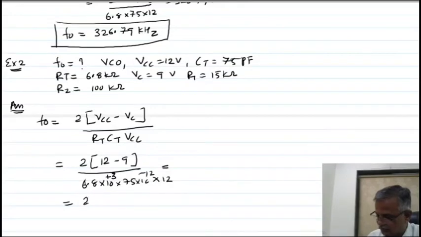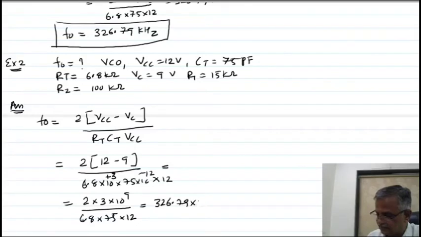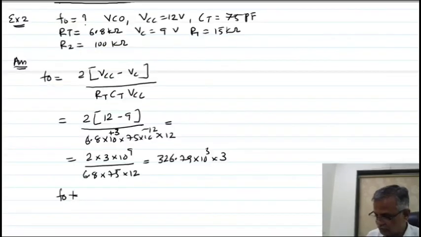So this is 2 multiplied by 3 multiplied by 10 raised to 9 upon 6.8, 75 into 12. If you look at your previous numerical, you can easily write it this way. If you calculate this value, you will get 980.37 kilohertz. It's a very simple numerical. You have to remember only the equation of FO.